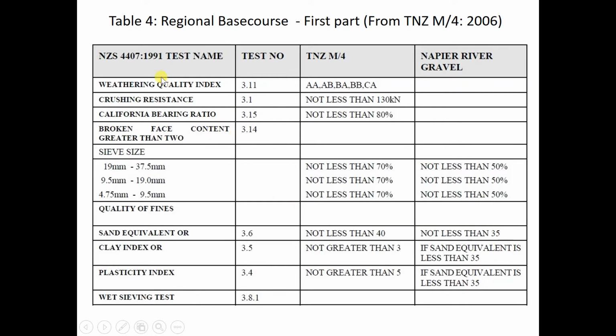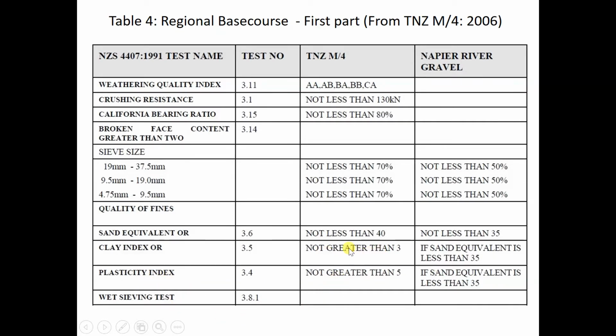Okay, so this is in the Transit New Zealand TNZ M4. They specify certain types of tests: weathering quality index, crushing resistance, California bearing ratio, the sand equivalent, the crack index, the plasticity index, wet shaving.